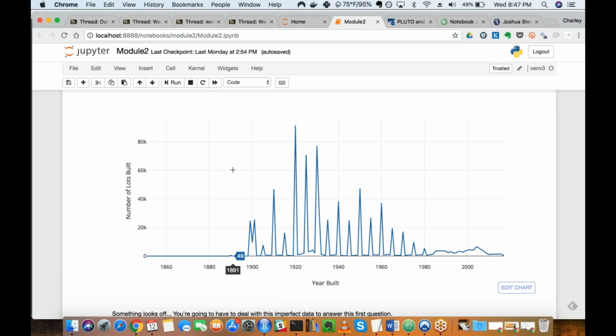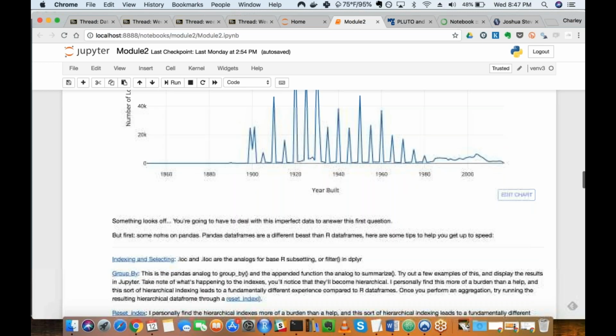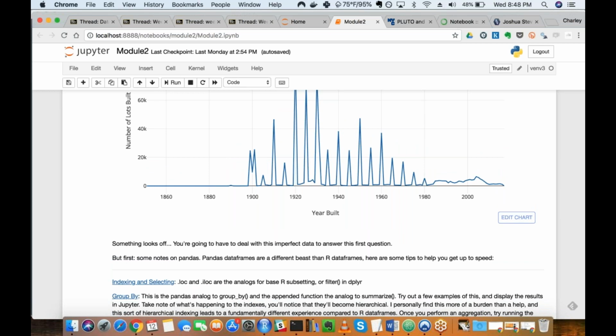So part of what you'll need to deal with are some of these quirks. One of the quirks is, for some reason, we have all of these spikes going on. And part of the assignment is going to be finding a way to deal with these potential problems with the data.